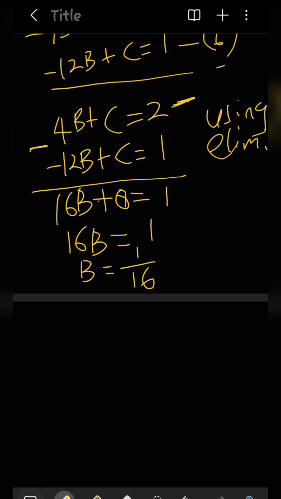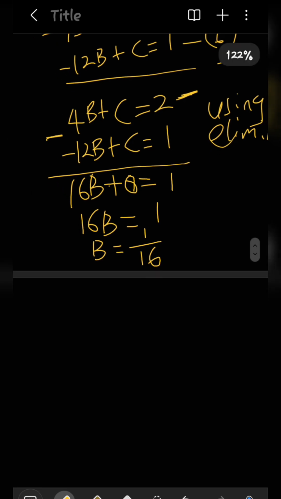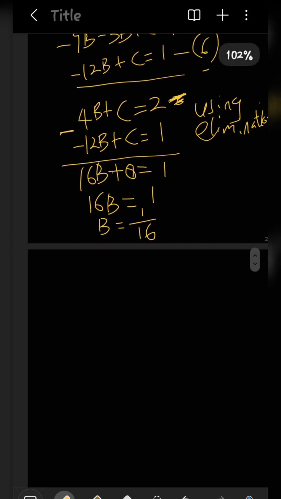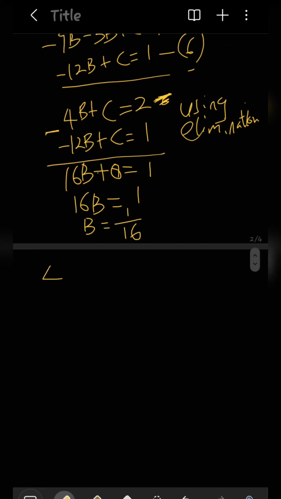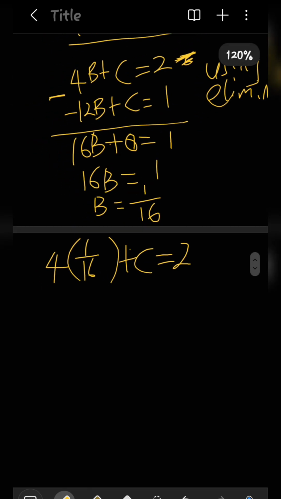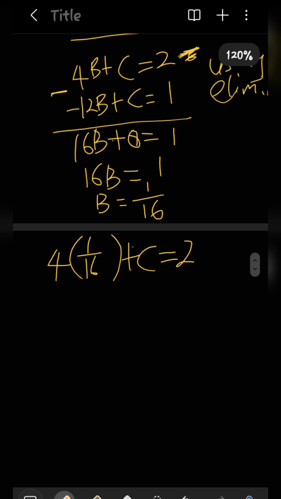So our B is 1 over 16. Now, we can put B as 1 over 16 into this equation. So we have 4 into 1 over 16 plus C is equal to 2. So 4 over 16 is 1 over 4, plus C is equal to 2.